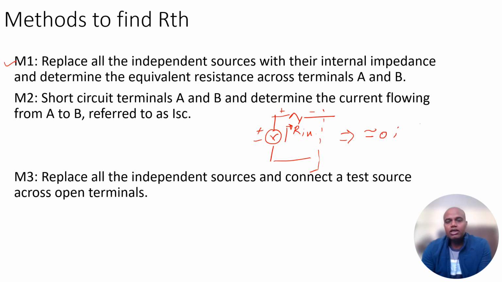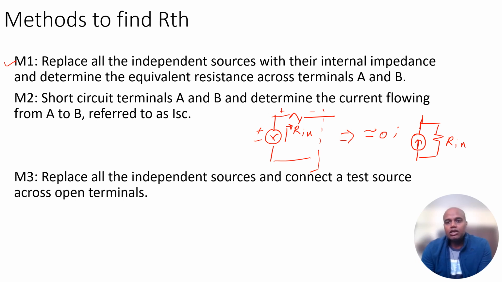Similarly, for the current source, the internal resistance is placed in parallel with it, and therefore this internal resistance should be equal to infinite. Why?